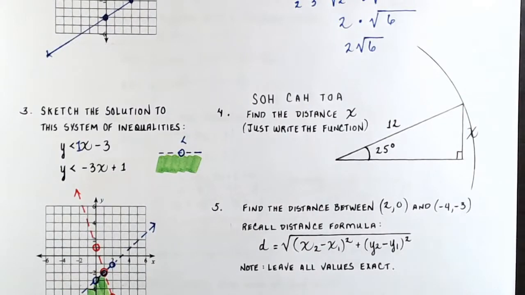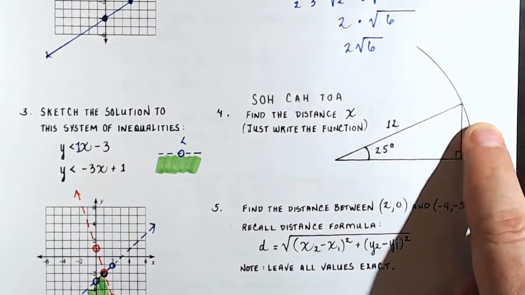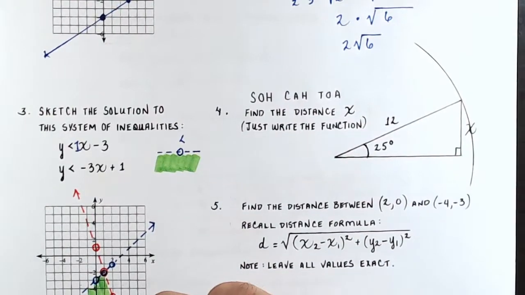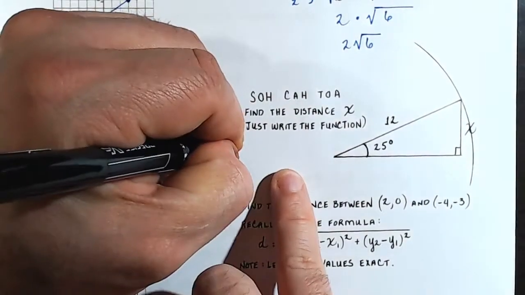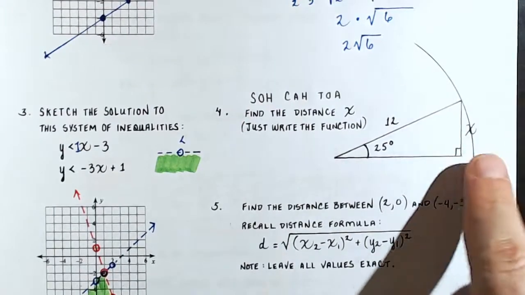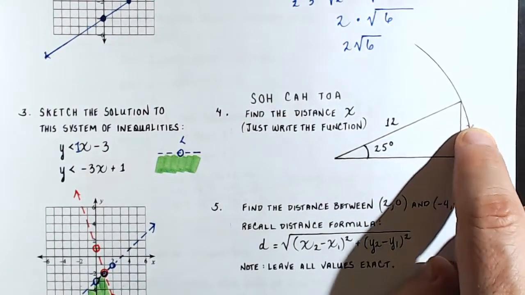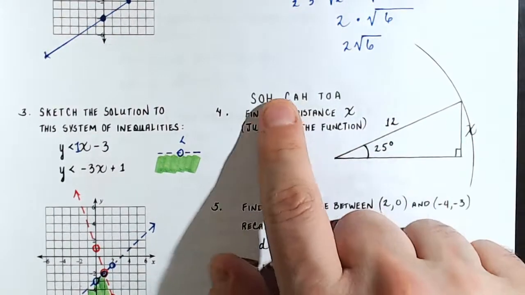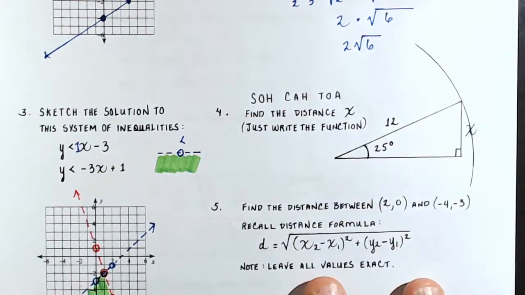So if I were going to find out what this height was, I could say that because I'm dealing with the height here, I'm dealing with the opposite side, so I would use the sine function.